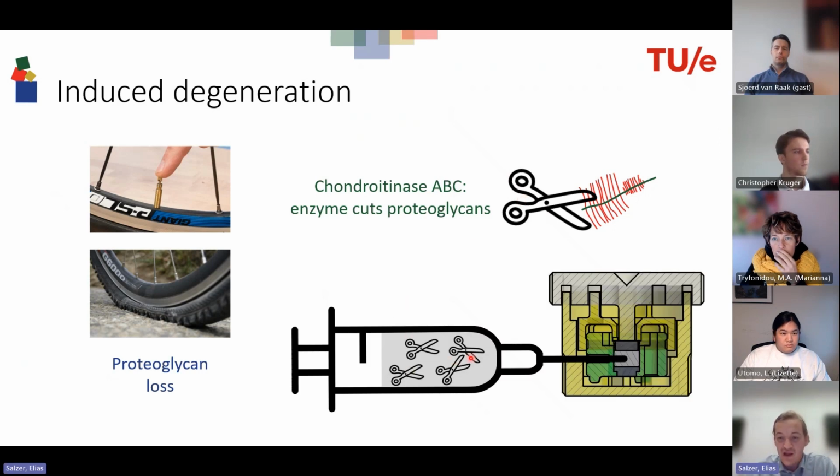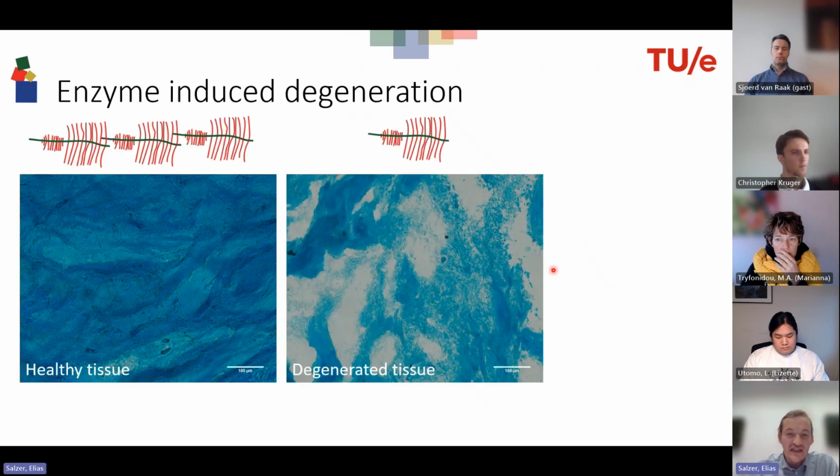So we took this enzyme and we injected it into the nucleus pulposus of our culture. And what you can see here is the result of a culture with this enzyme. So this is the healthy tissue, and in blue you can see a staining of these proteoglycans. It's nicely distributed and it's a very nice blue.